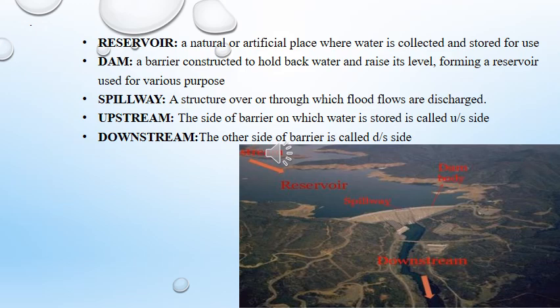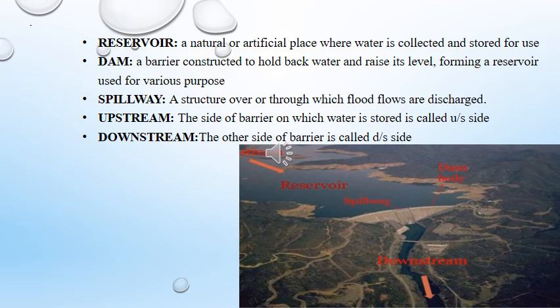A dam is simply an impervious structure constructed across the stream. The reservoir is formed where the water is stored on one side. The water that is discharged over the dam goes through the spillway.